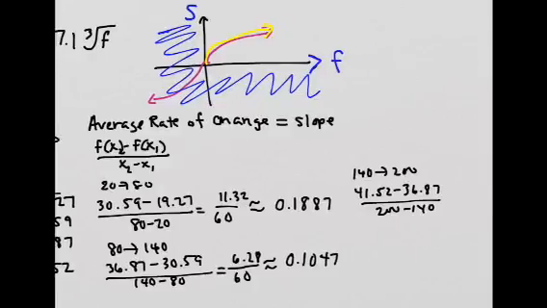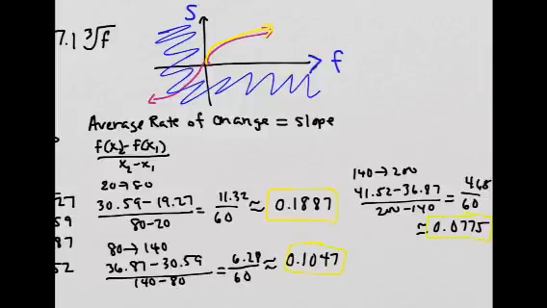That gives us 60 in the denominator, and 4152 minus 3687 is 465. Then we divide that by 60, and we get approximately 0.0775. So these are the average rates of change for each interval.